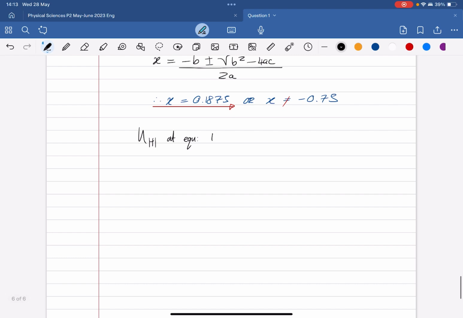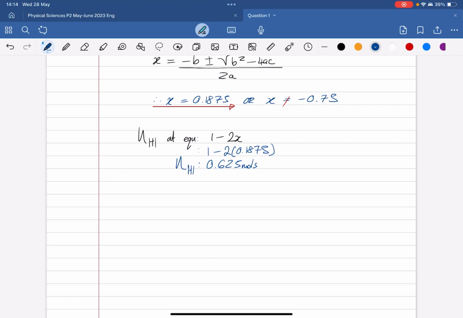So this is equal to 1 minus 2x. When we substitute, we get 1 minus 2 times 0.1875. Therefore, the number of moles is equal to 0.625 moles. So that's the number of moles of the hydrogen iodide at equilibrium.